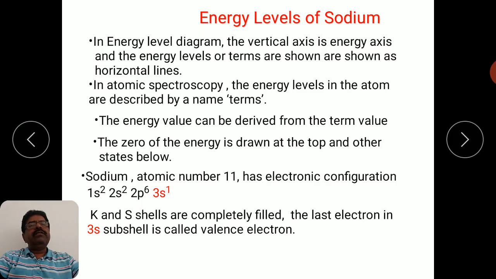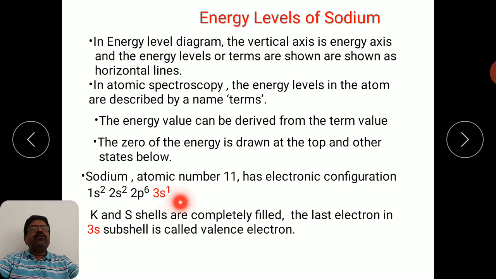Then the second shell represented by 2s and 2p orbitals, both are filled because 2 electrons are in 2s and 6 electrons in 2p. So the 2 electrons in 2s are paired. Then the 6 electrons form 3 pairs, so they are also paired, and they will not contribute into the total angular momentum of the sodium atom.